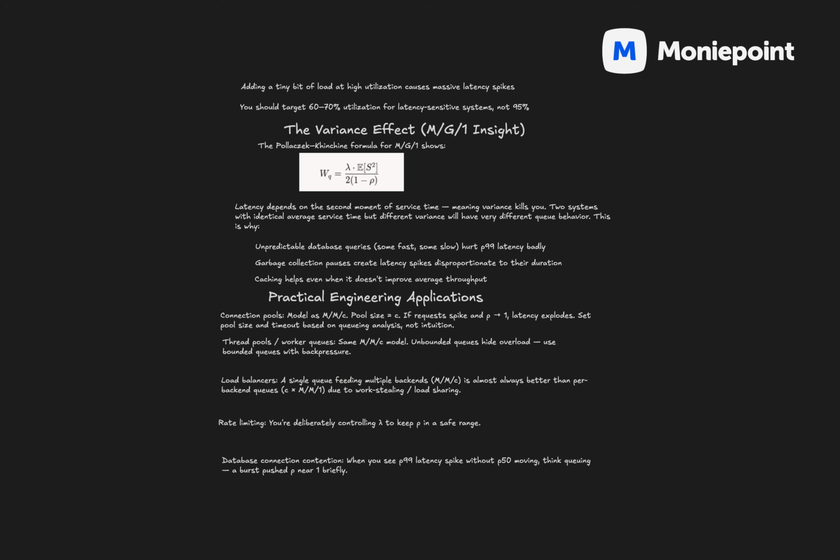Then process engineering applications, like I talked about connection pool. We use it for thread pool, for load balancing, and for rate limiting as well. I try to quickly talk about using it for connection pool, because it's one thing we guess a lot.